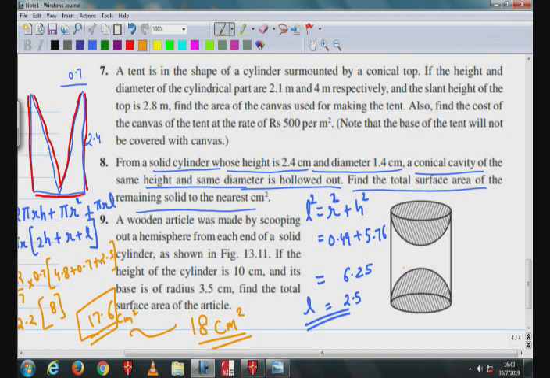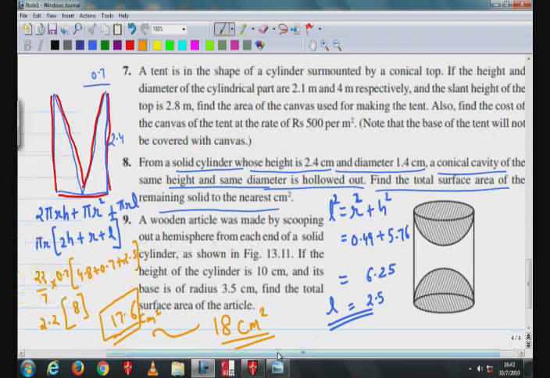Sisipur, Shillong, Tamenglong, are these two questions clear? 7 and 8. Yes, Sisipur, for question number 9, you have given the correct answer. That's right.